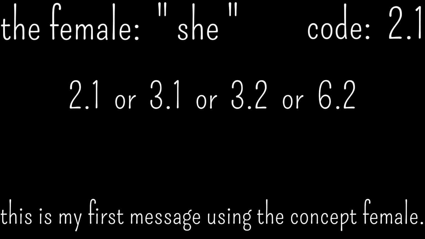So imagine that we have again the same kind of message that we had with the male example. The message is, "This is my first message using the concept female." Now with this concept of female, with the code that we are using, 2 must be greater than 1.